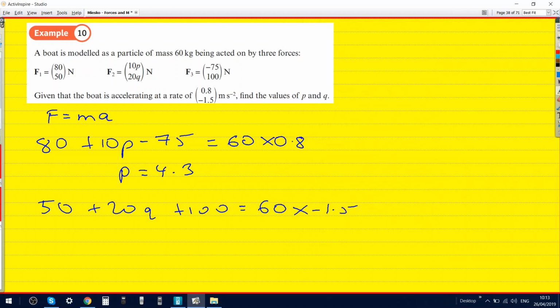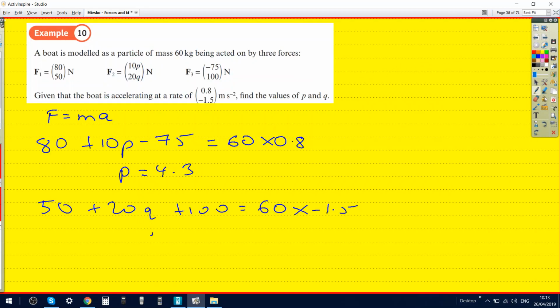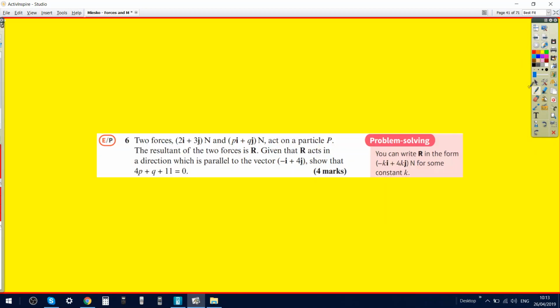I'm getting Q is minus 12. Yeah. Did you get it to work for your one? Yeah. Okay, so it's just good to have. So you have it. Okay, I think you're good there.